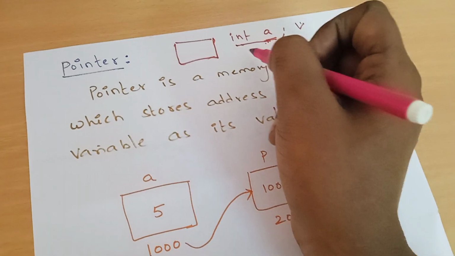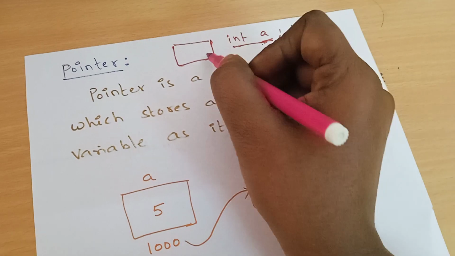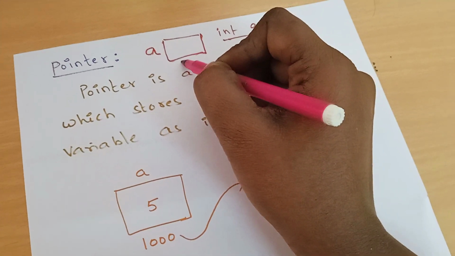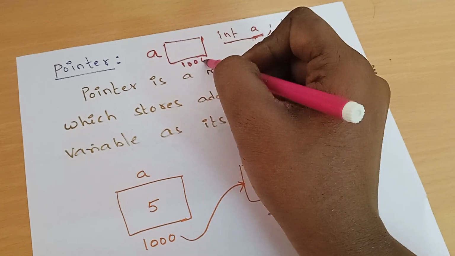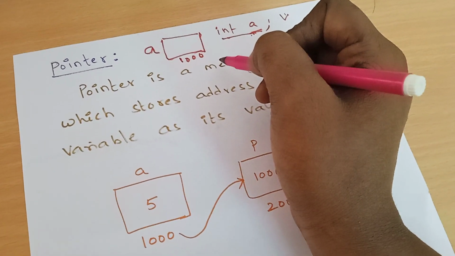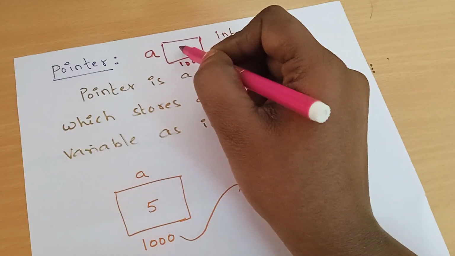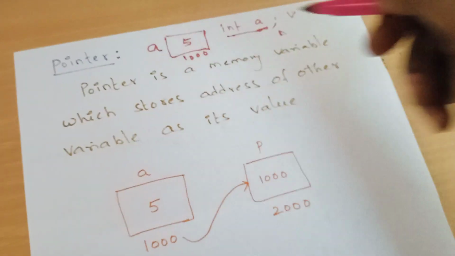Now a is my variable name. Assume the address is 1000, and the value I want to give into a is 5.